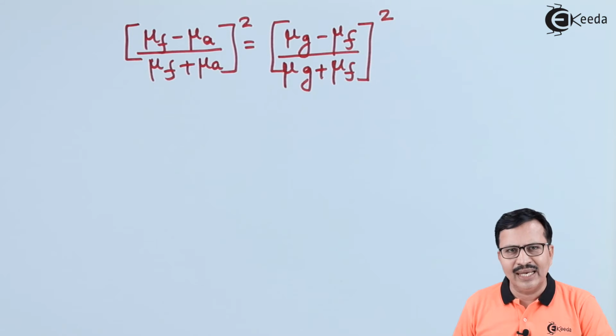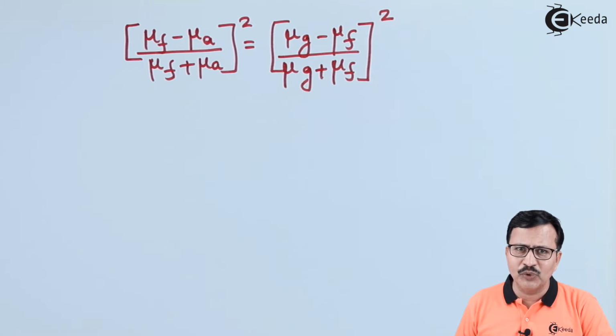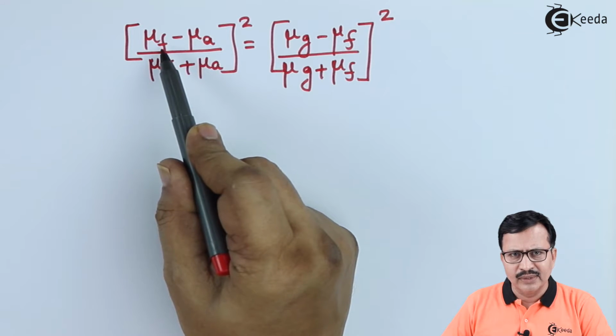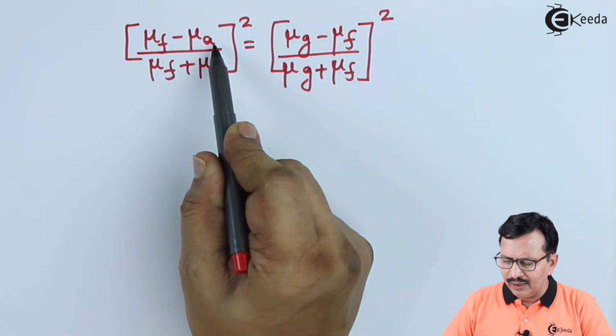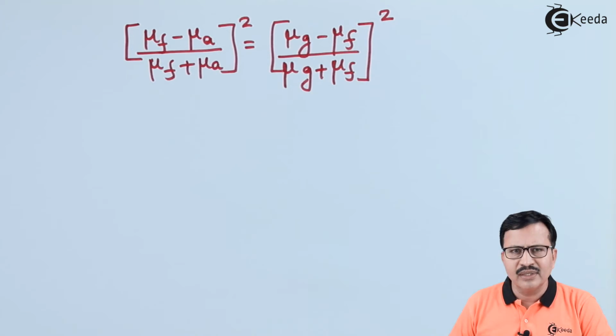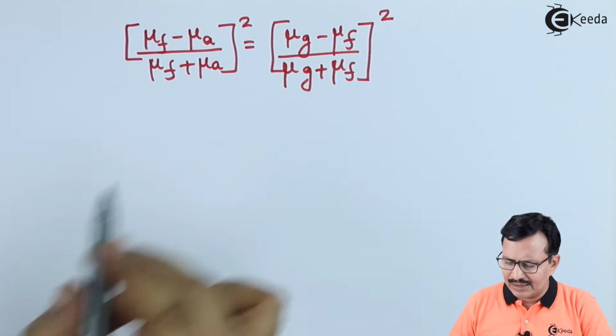This condition ensures that the amplitudes of the two reflected waves are the same, wherein mu f is the refractive index of the sun control film, mu a is that of the air medium, mu g is the refractive index of glass.